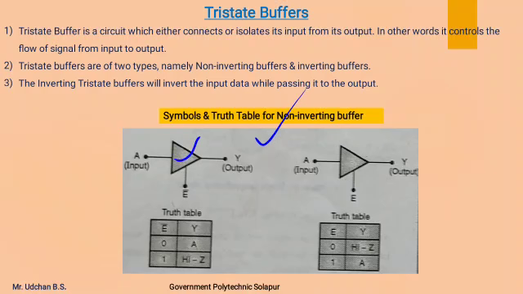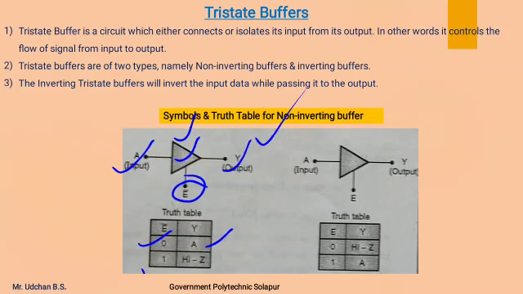This diagram is for the non-inverting buffer, which shows the symbol and truth table. This is the symbol of a buffer, with input terminal and output terminal. The input will pass to the output based on the status of this enable terminal. Here the enable terminal is an active low terminal, means when it is 0, the input can be connected to the output.